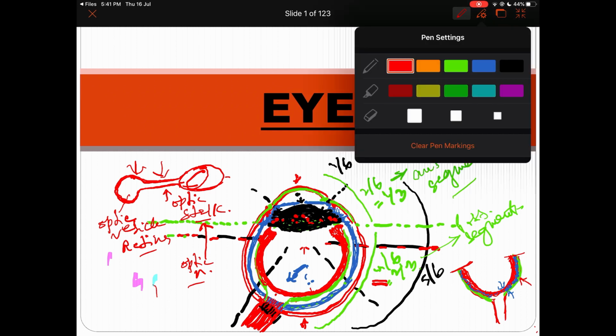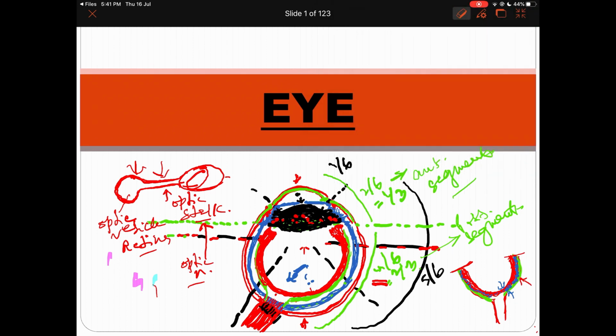As far as this intraretinal space was concerned, when it is gone, initially your retina was just like an optic vesicle, like an O, but now it has become a double C, because it has collapsed here. It has been deflated, you can say.